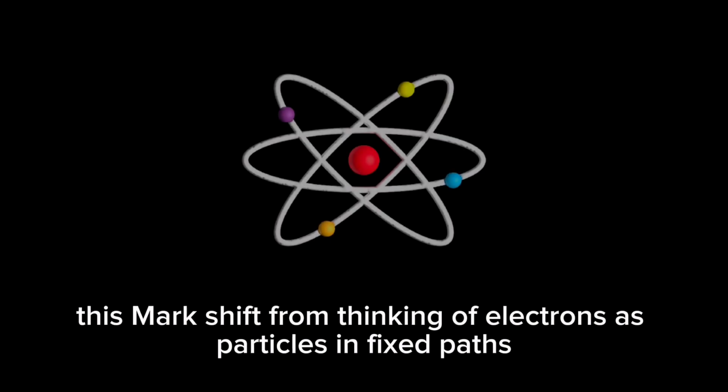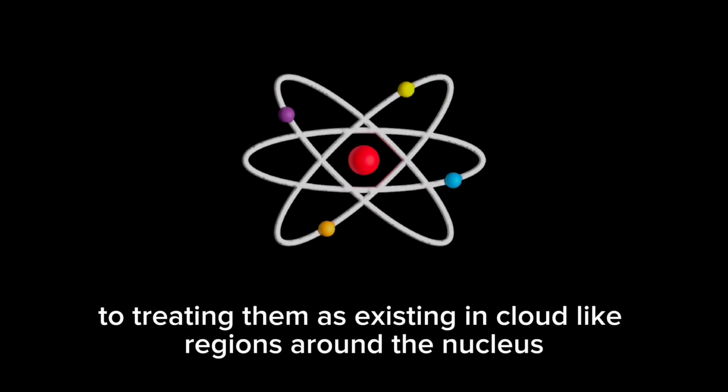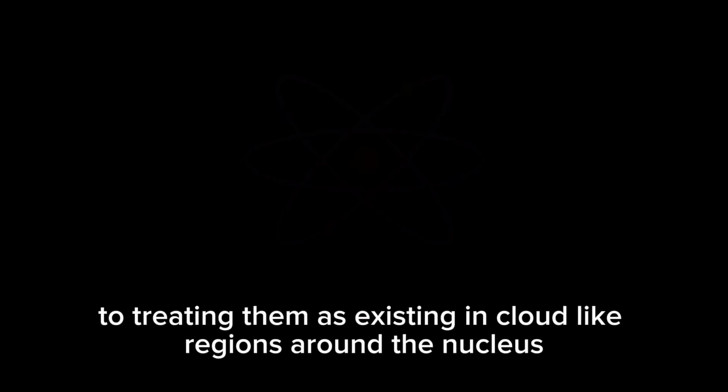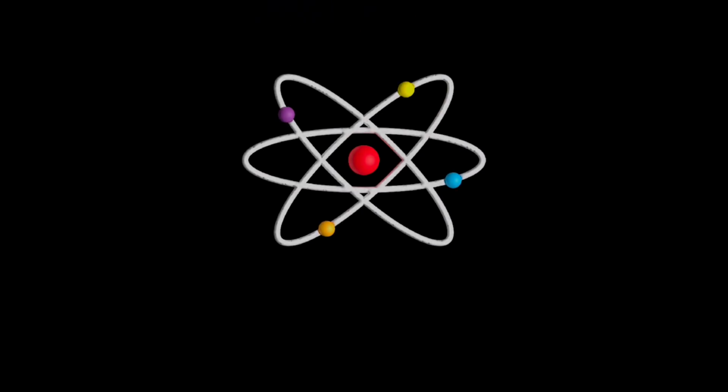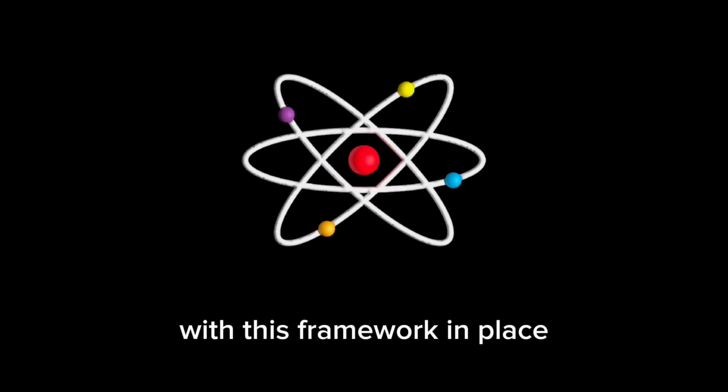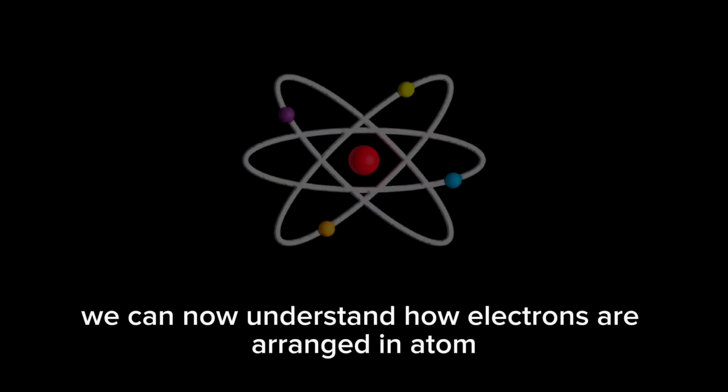This marked a shift from thinking of electrons as particles in fixed space to treating them as existing in cloud-like regions around the nucleus. With this framework in place, we can now understand how electrons are arranged in atoms.